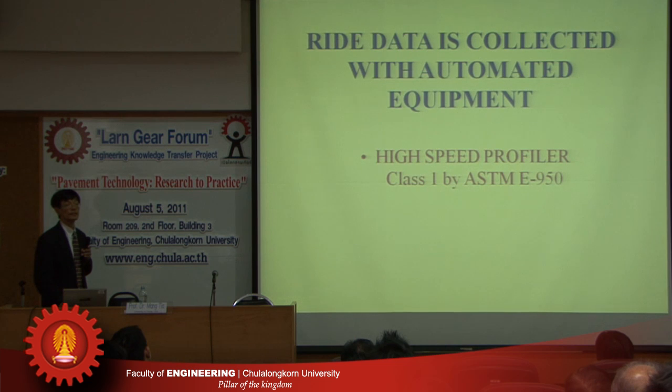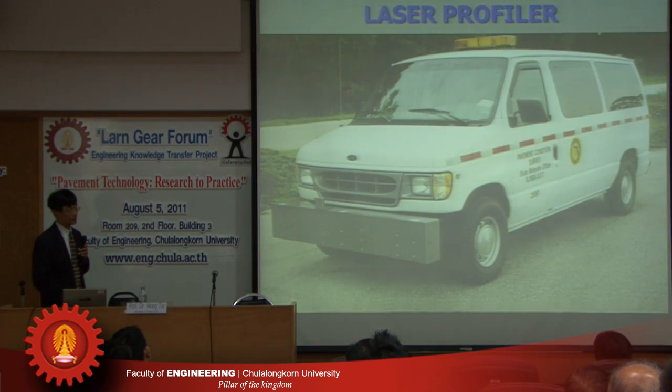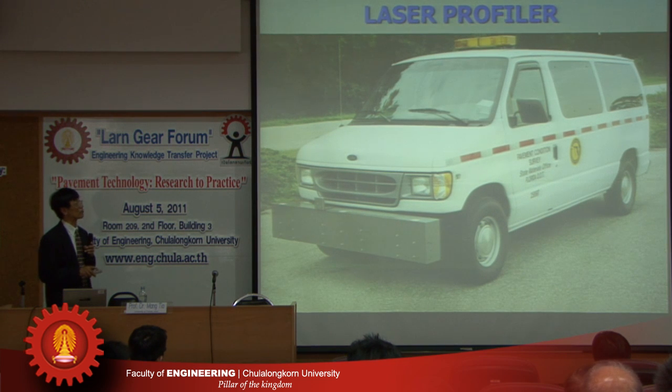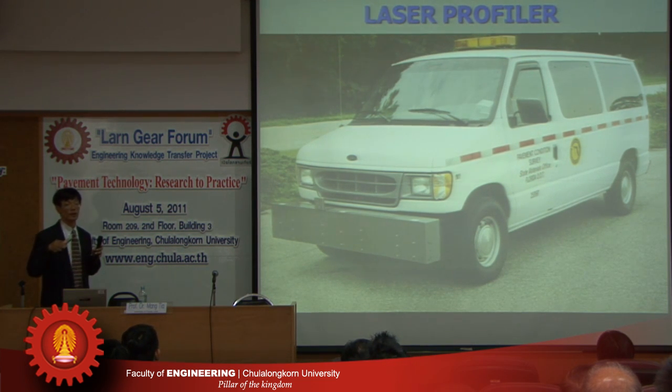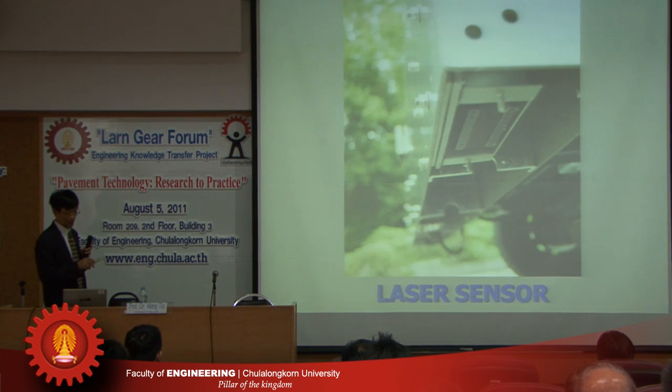Okay, the equipment that's used for ride quality evaluation is a high-speed profiler, and this is a picture of a high-speed profiler. This vehicle can be driven over the pavement to be evaluated at whatever the speed limit is for that pavement. So you can evaluate very quickly, because all you have to do is just drive this vehicle over the pavement. It has this bar in the front.